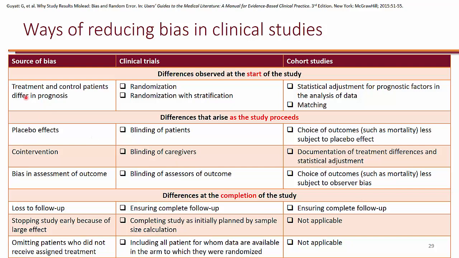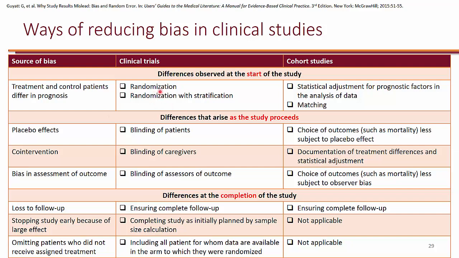And the way that we can reduce bias in clinical studies is a matter of when during the study. There are things you can do at the start of the study, things during the study, and things at the completion of the study. So the reason we have the concept of the randomized clinical trial is to prevent some of these biases.